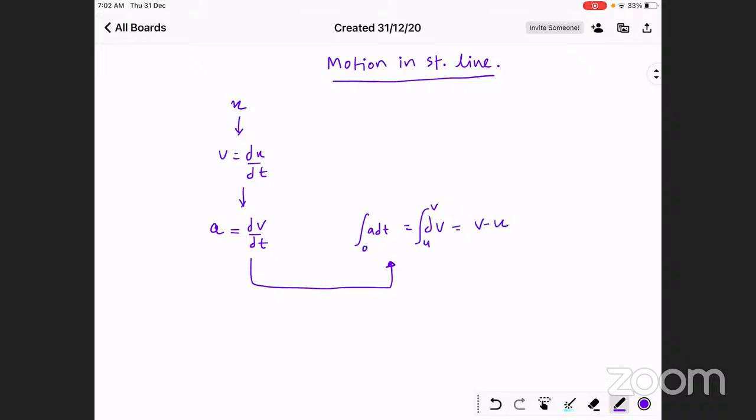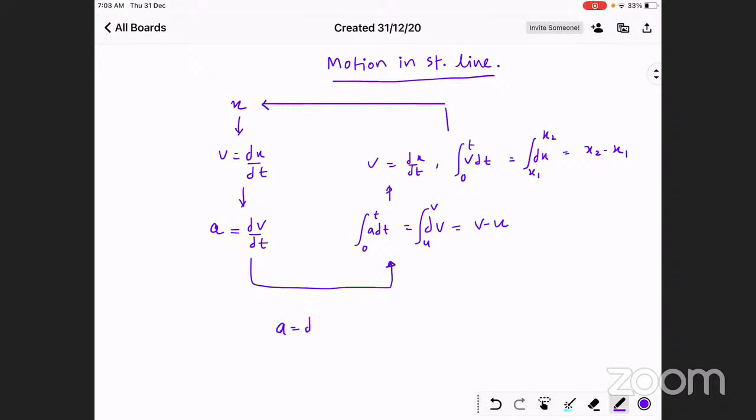So when you integrate acceleration with respect to time, you get change in velocity. And v is equal to dx by dt. When you integrate velocity with respect to time, you get change in position, x2 minus x1. Like this, you can complete this flow chart. And there is another formula. Acceleration is dv by dt and acceleration is also v dv by dx. We have two formulas for acceleration.